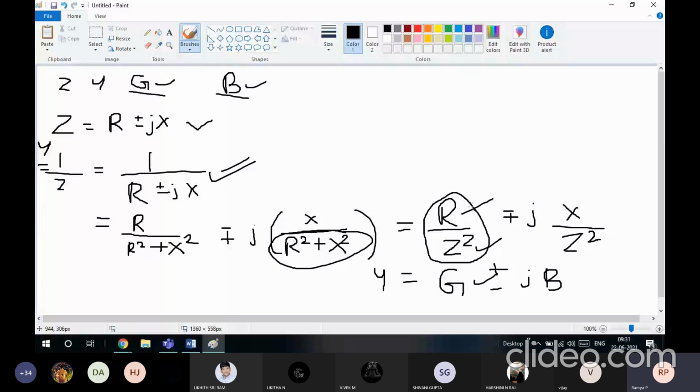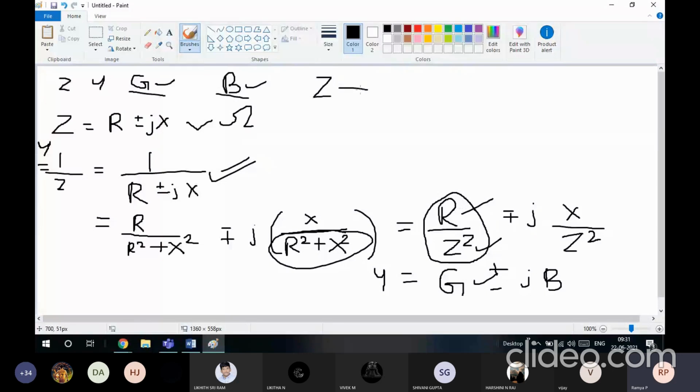And the unit for conductance: for the impedance, what is the unit? That you know, it is ohms. Can anyone tell me what is the unit for admittance? The unit for impedance is ohms.